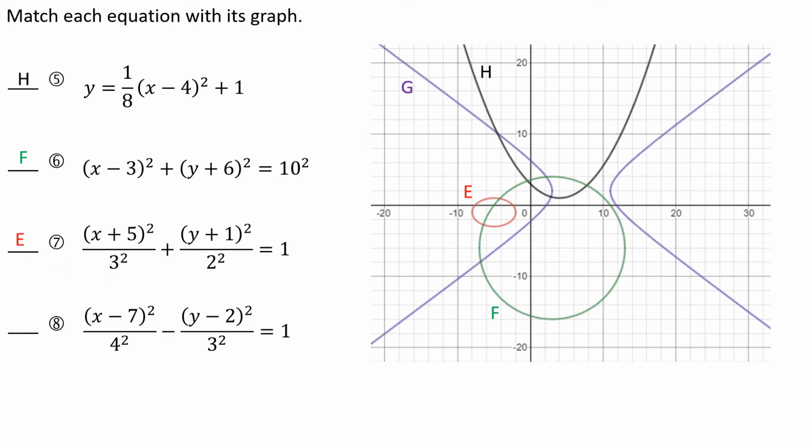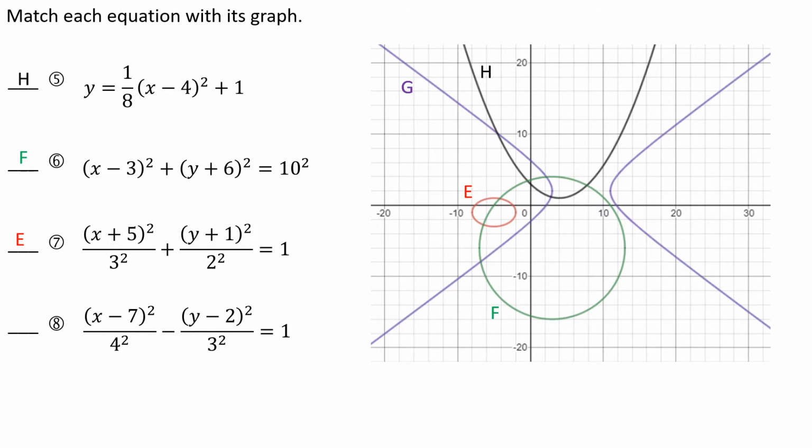Number 8. Again, I know there's only one shape we've not used yet, but let's figure it out for real. Oh my goodness, look at that. There's a negative on the y squared. We've got a positive x squared, but there's a subtraction symbol in front of the y squared. One of them's negative. It's got to be a hyperbola. The x -7 tells me the x coordinate of the center should be 7.